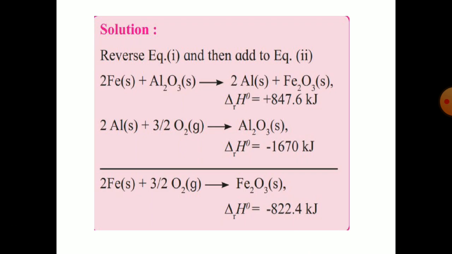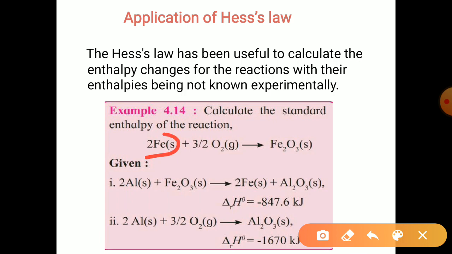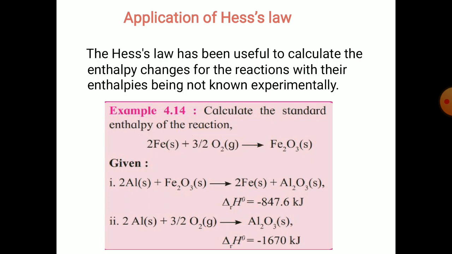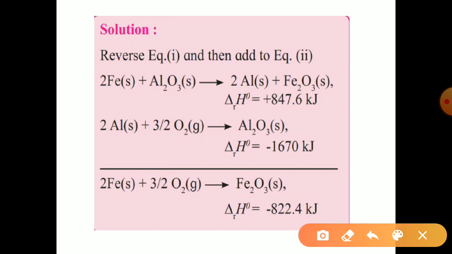Now see here, to determine the enthalpy of this reaction we need 2Fe on the left hand side, 3 by 2 O2 on the left hand side, and we need 1 mole of Fe2O3 on the right hand side. Keep this in mind, how many moles we need on the left and right of that particular species. Now we have been provided with these two reactions.